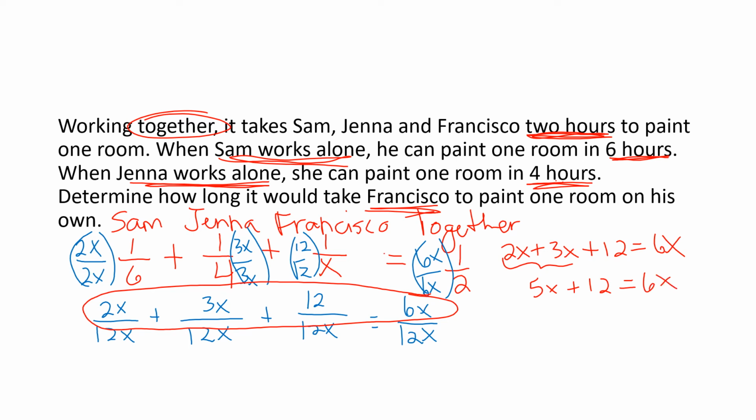To get x by itself, I'm going to need to move all of my x's to the same side. So here I'm going to subtract 5x from both sides, which gives me 12 equals x. So what that tells me is it would take 12 hours for Francisco to paint the room all by himself.